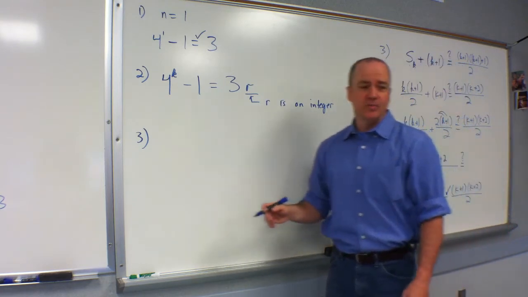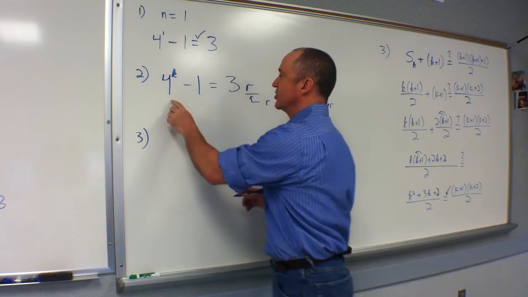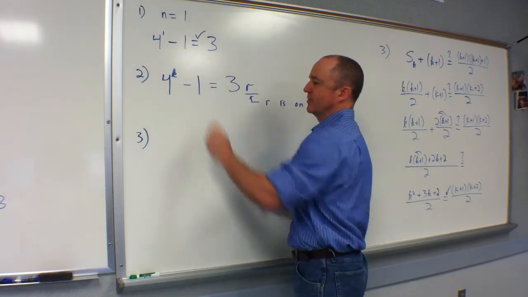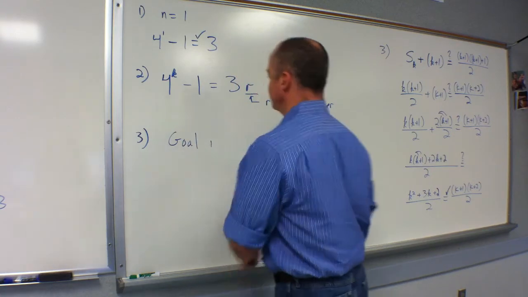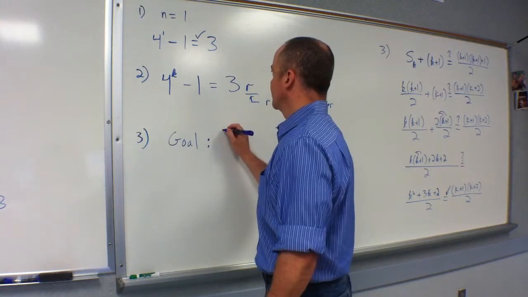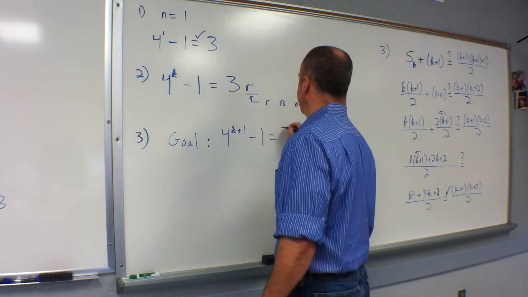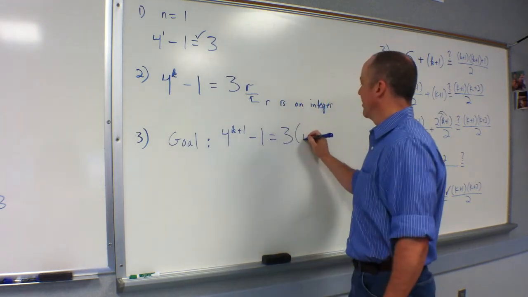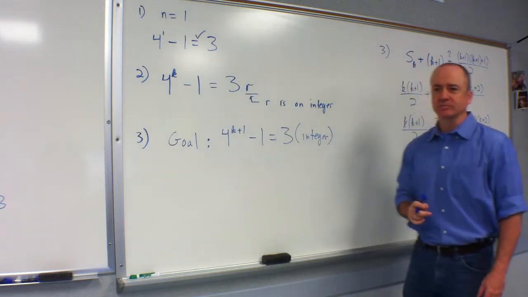So what I need to do is algebraically manipulate this. We're on step 3. The goal of step 3 is to get 4 to the k plus 1 minus 1 equal to 3 times any integer, and to know that's true.